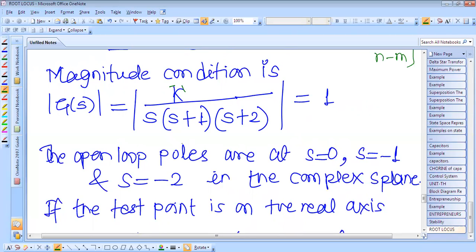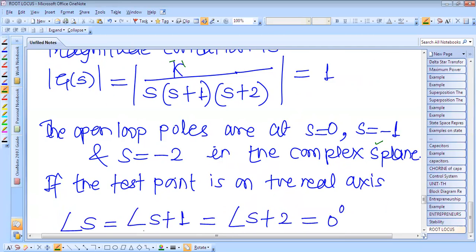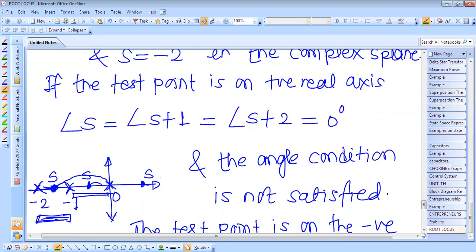The open loop poles are at s = 0, s = -1, and s = -2 in the complex s plane. If the test point is on the positive real axis, the angle is 0.